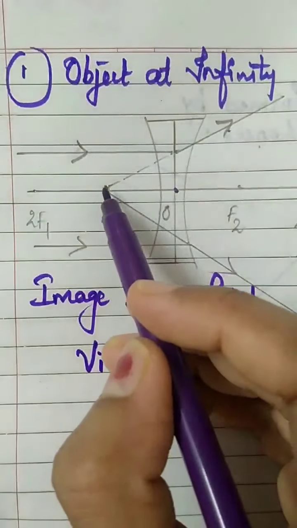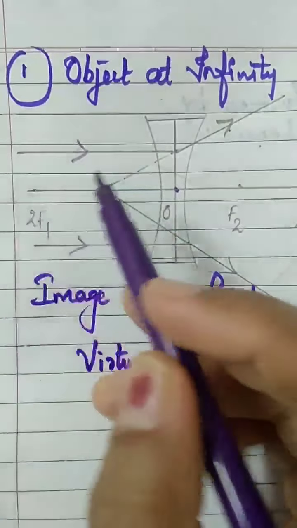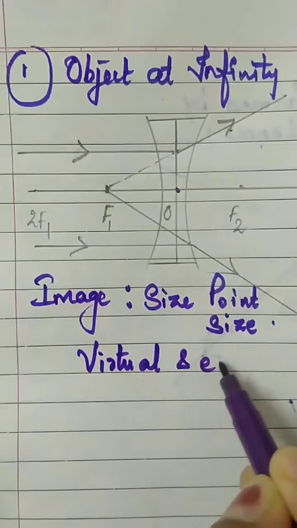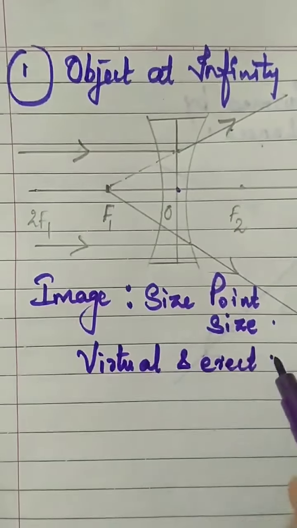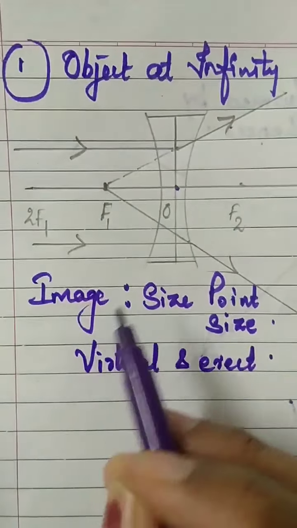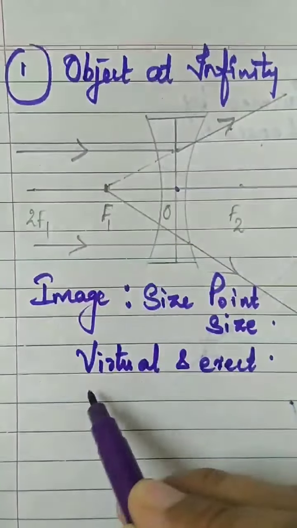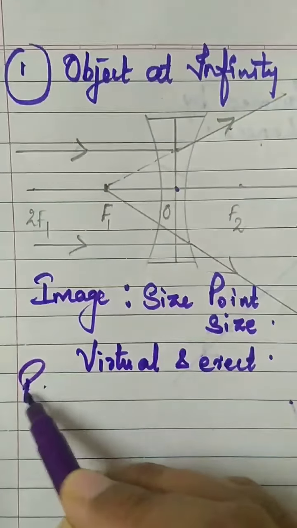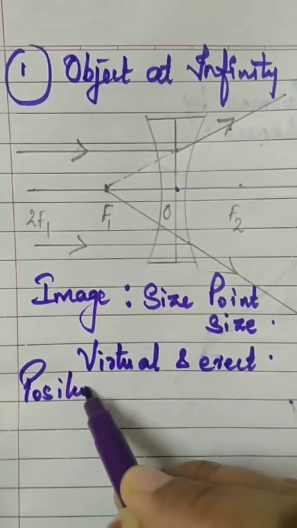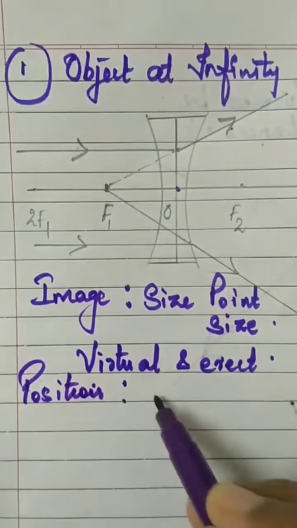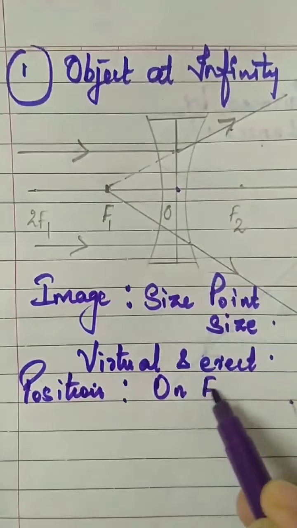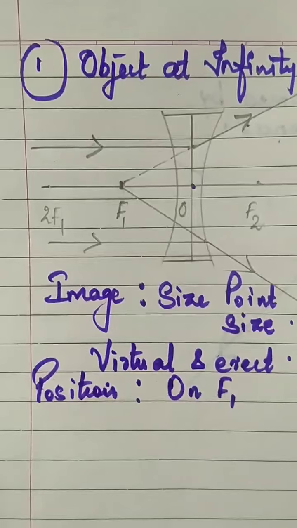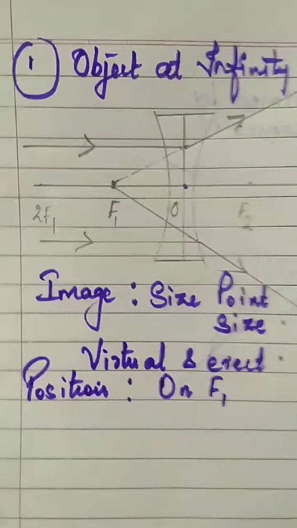Because it is formed on the left side of the lens. Virtual and erect. Okay, and where is the image? The position of the image is on focus F1, on F1. These are the things that you have to mention.